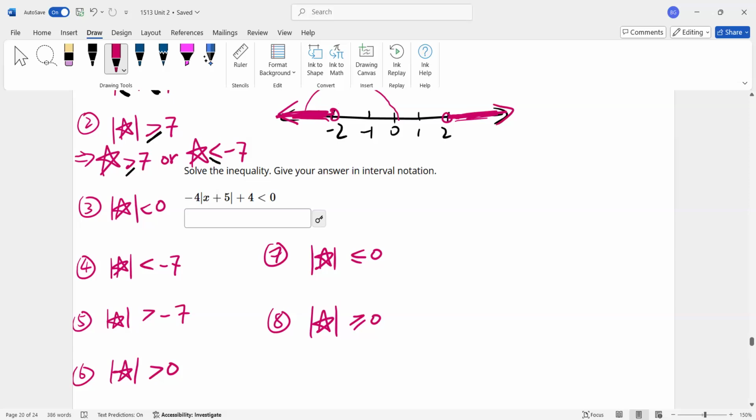So look at number 3. Left side is distance, right side is 0. Number 3 is basically telling us the distance is less than 0. Distance is negative. So what do you think? You don't have to solve it. Make a conclusion: no solution. Is that clear, everybody?